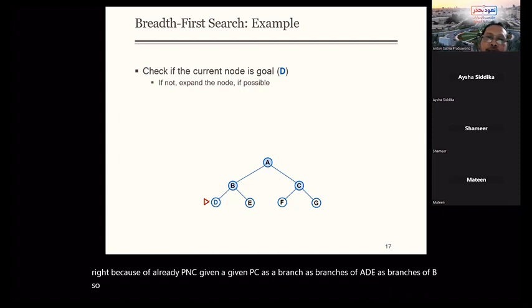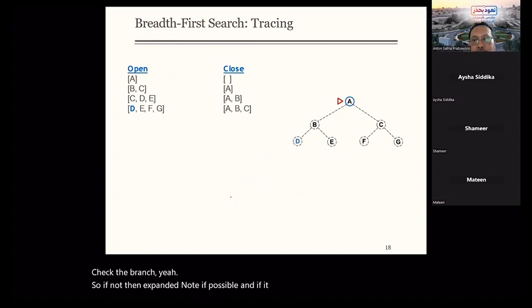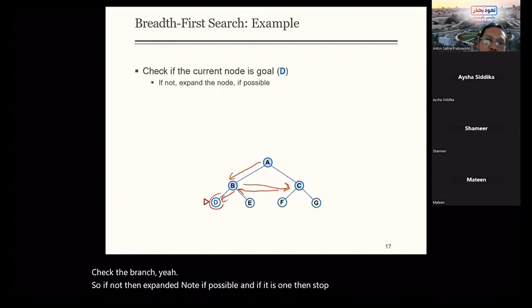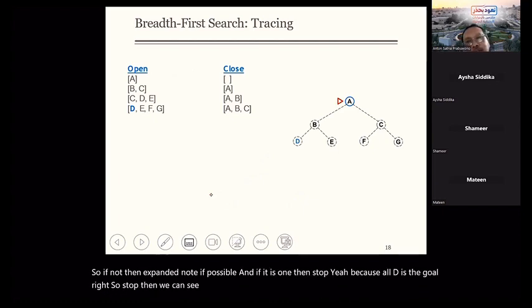D from B, then back to B, then check C, and again back to B, and check the branch. If it is not the goal, then expand the node if possible. And if it is found, then stop, because D is the goal, right? So stop.